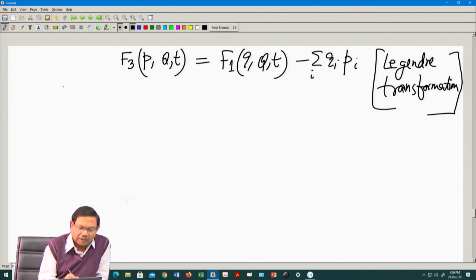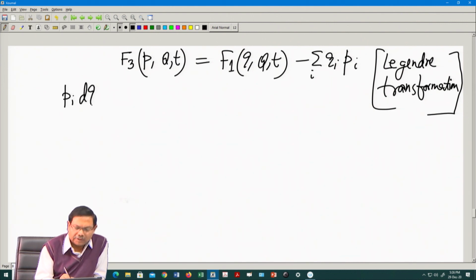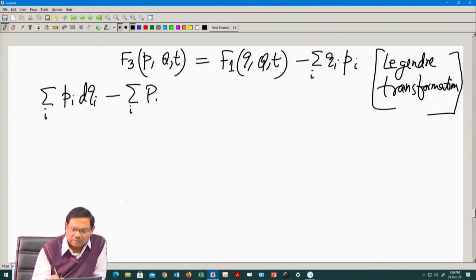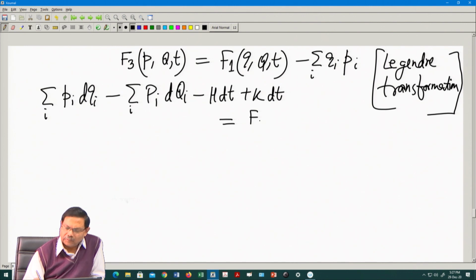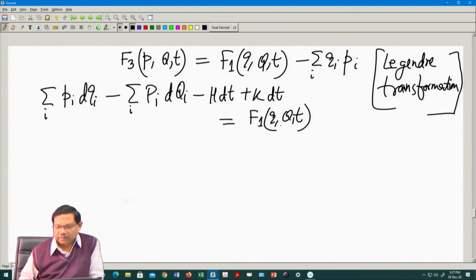Okay. So, again I begin from Hamilton's principle, which leads to sum over P_i dq_i minus sum over P_i dQ_i in the new set of variables minus H dt plus K dt, and that is equal to, we begin with the first one because we have shown that.